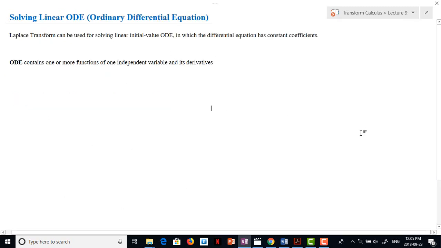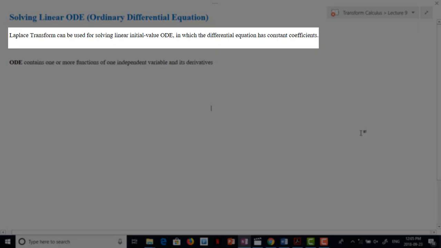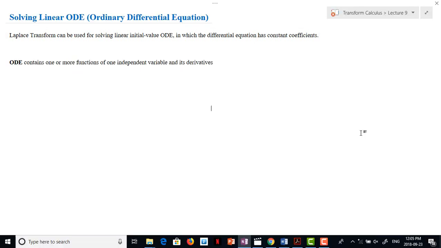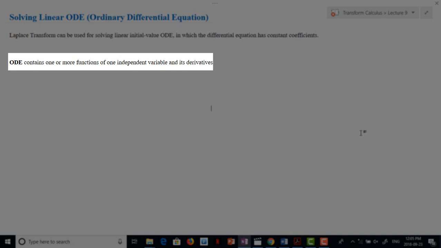So we can use Laplace transform for solving linear initial value ordinary differential equations, or ODEs, in which the differential equation has constant coefficients. So here at first we have to know what ODE is and what's the difference between ODE and PDE. In ODE we have just one or more functions of only one independent variable and its derivatives.